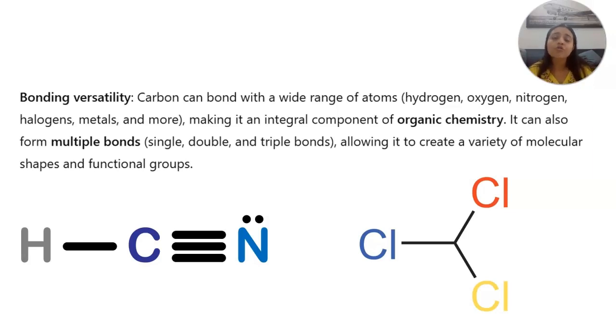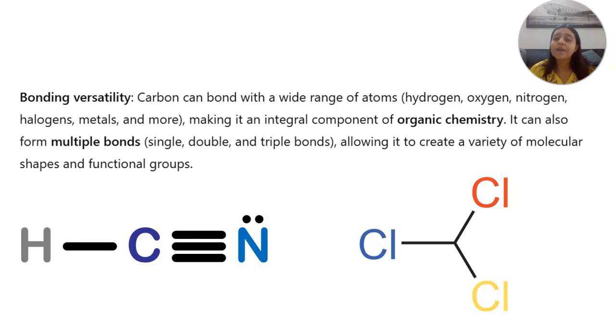It can also form multiple bonds, single, double, triple bonds, allowing it to create a variety of molecular shapes and functional groups. So here we have learned two properties of carbon: carbon is tetravalent, and number 2, it forms covalent bonds, in single, double, and triple form.